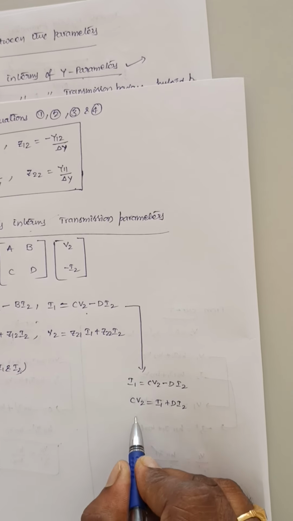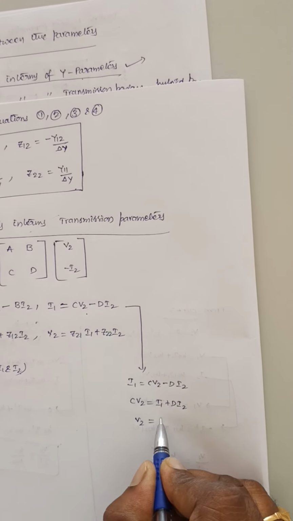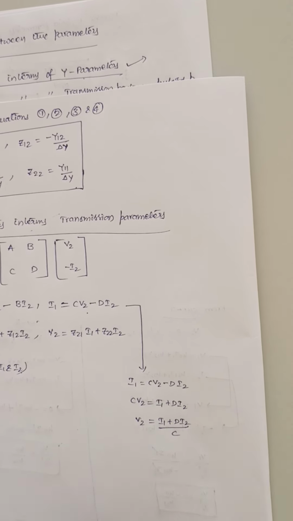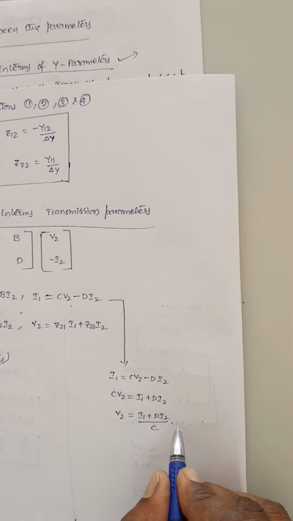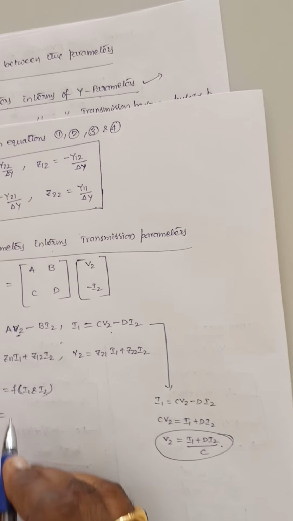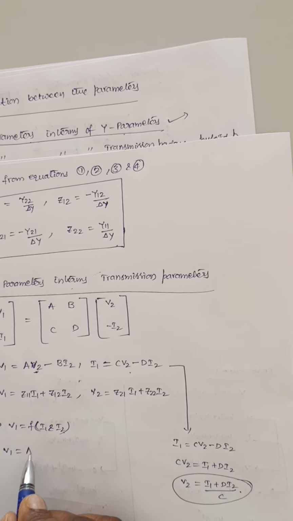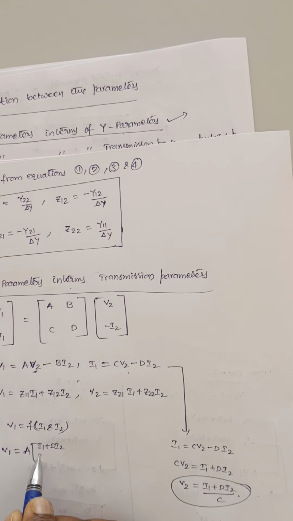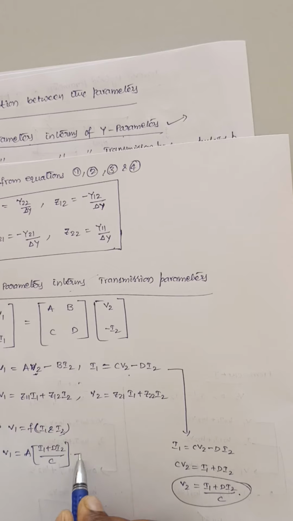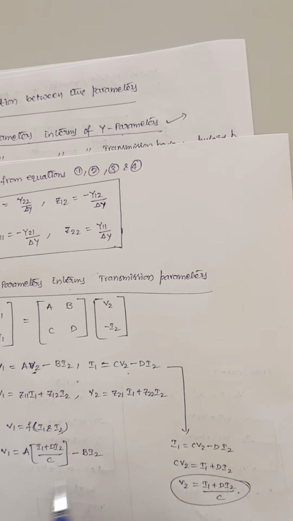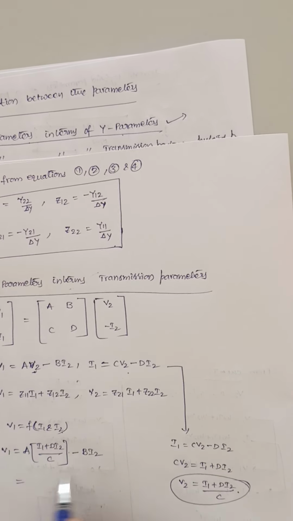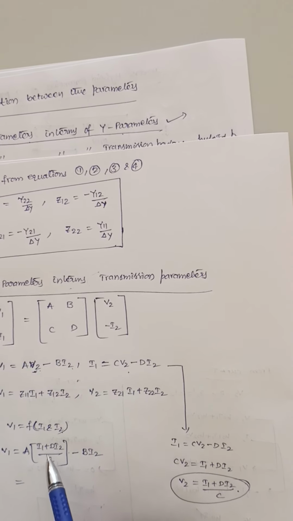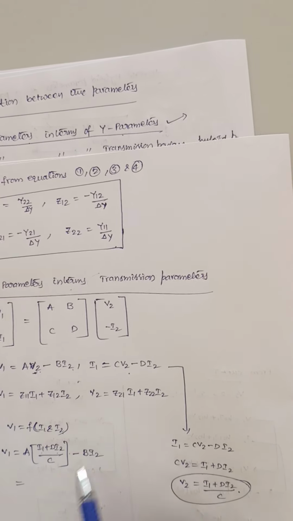So V2 is equal to I1 plus D I2 divided by C. Right? So you substitute this voltage value in this equation, that is A into V2, which is I1 plus D I2 divided by C, minus B into I2. Now this equation converts from these variables to a function of I1 and I2.